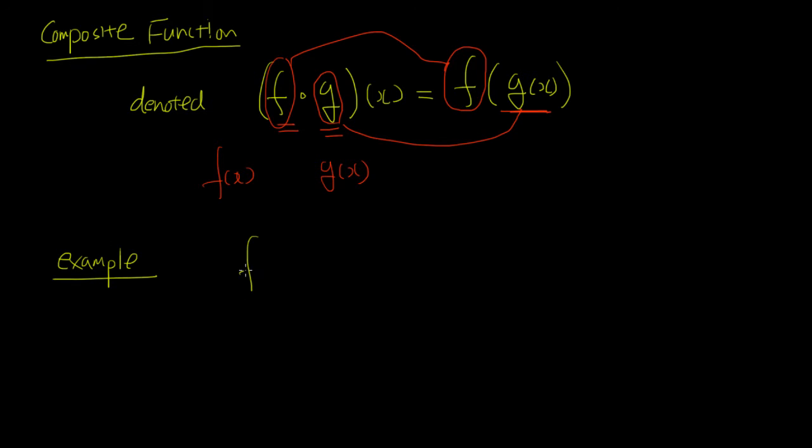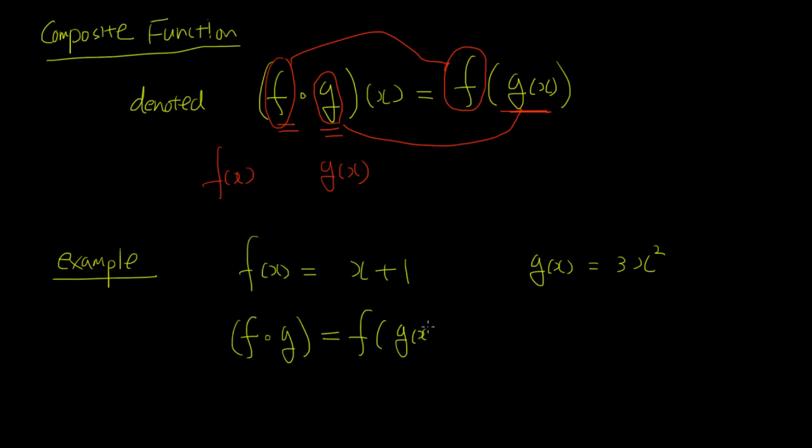Let's say f of x, let me give you an easy one, x plus 1. Let's say g of x is 3x squared. Okay, now when we say f composite g that we want, then according to this definition, it's going to be f of g of x, like this, right?